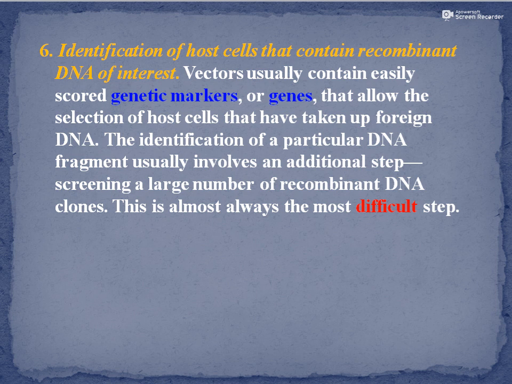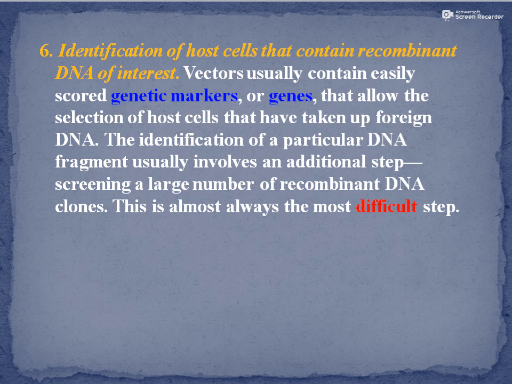Now, identification of the host cells that contain the recombinant DNA of interest is also an important step, and it is one of the most difficult steps in recombinant DNA technology. The vectors usually contain certain markers, genes which will allow the selection of host cells that have taken up the foreign DNA.